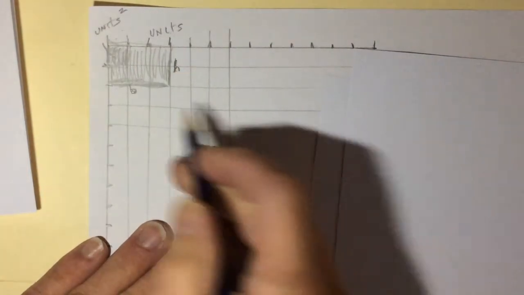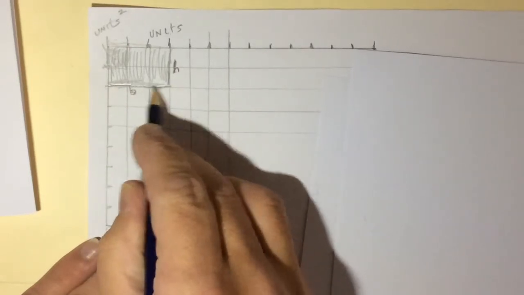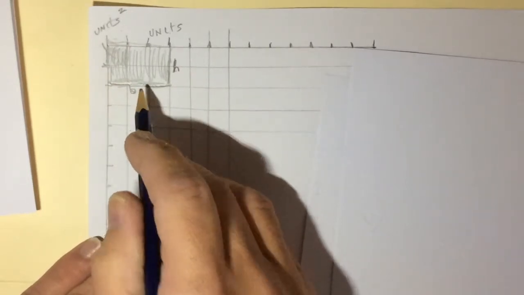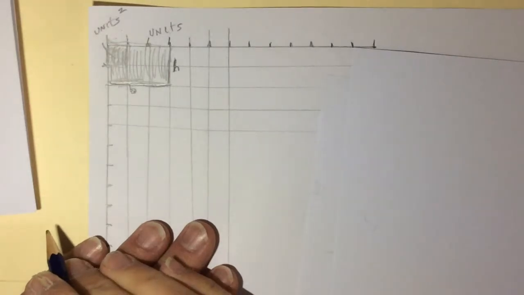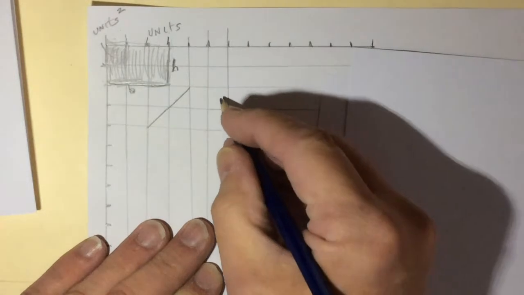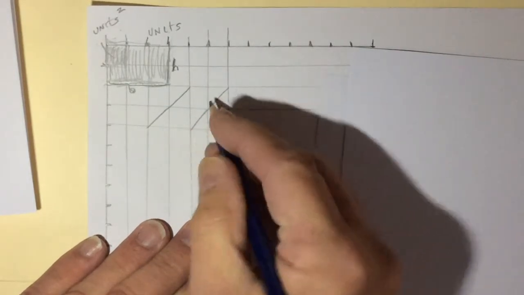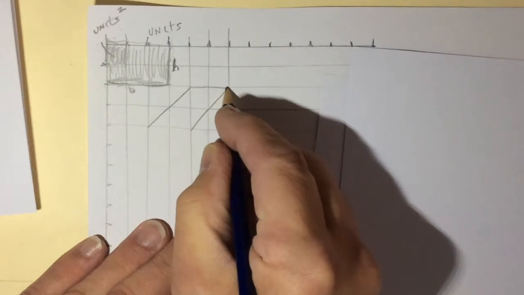But when you're talking about base, you're actually talking about the segment that is a side of the shape. And when you're talking about height, it doesn't necessarily have to be a side in order to figure out what the height is. You get to see that if I make a parallelogram.